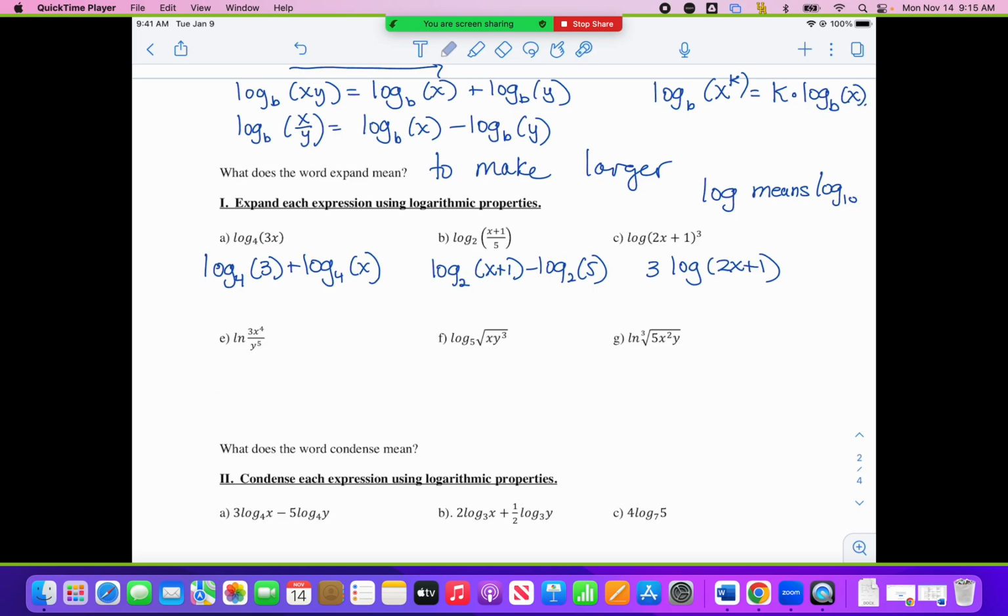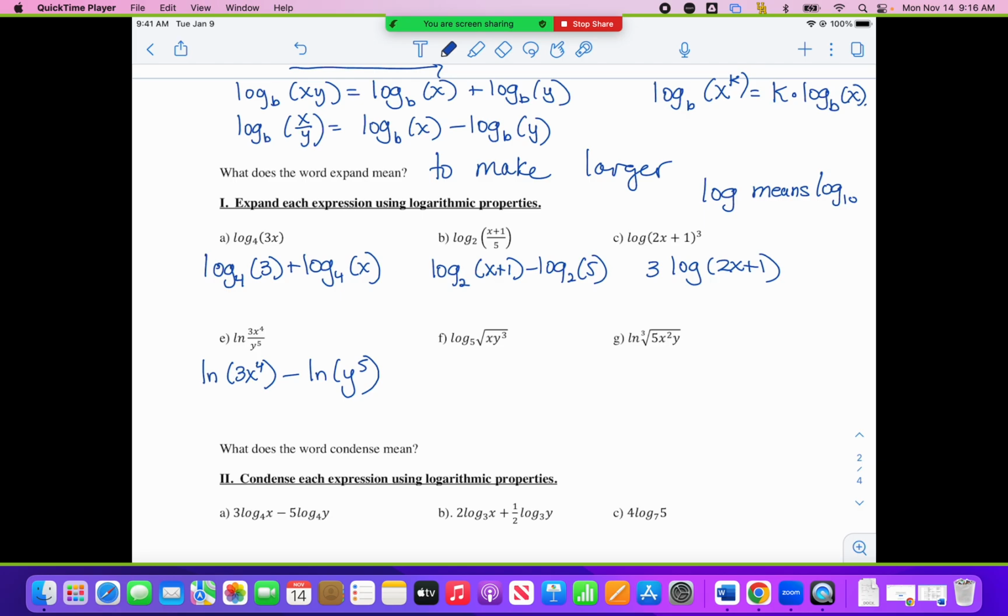What if I have a product and a quotient? You have to take care of the quotient first. So watch this. This is going to be natural log 3x to the 4th minus the natural log of y to the 5th. All right, everybody together. When I have natural log, what's the base?